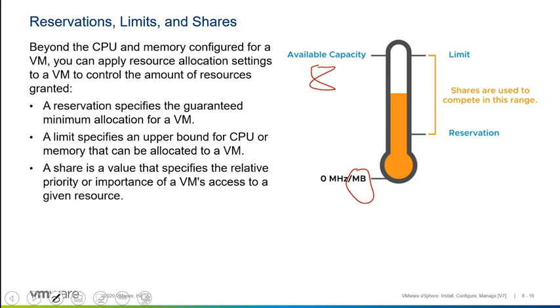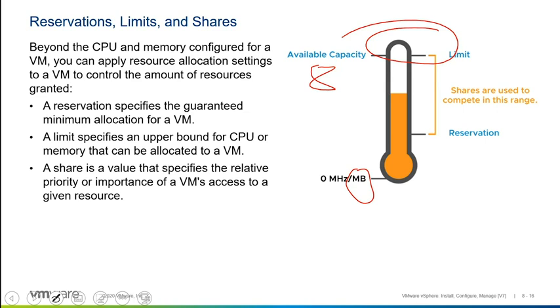So that's a reservation. We also have the opposite. If a reservation is a floor, then the ceiling is the limit. Okay, I've got a virtual machine with 8 gigs of RAM allocated, but I only want to allow it to access 2 gigs of physical RAM. After it tries to access more than 2 gigs of physical RAM, everything else goes to swap.